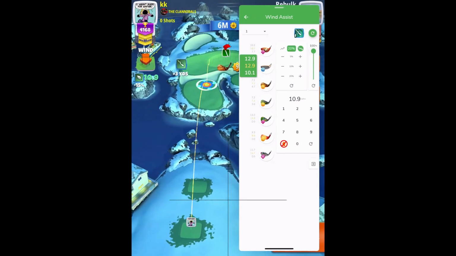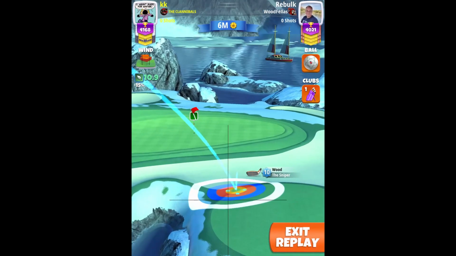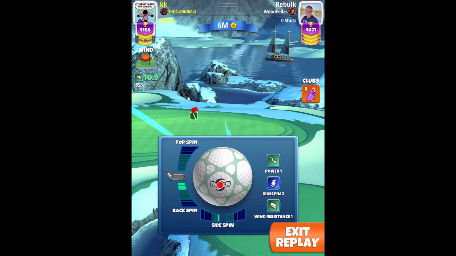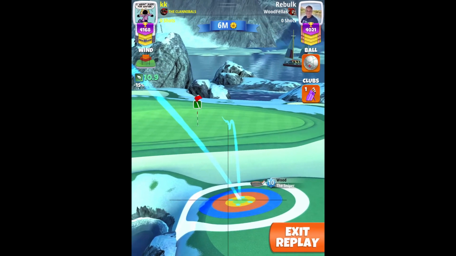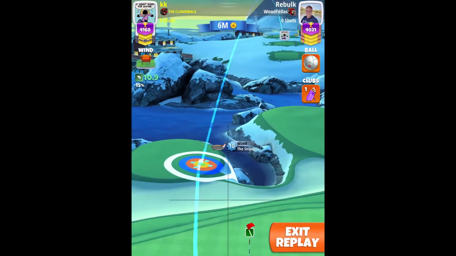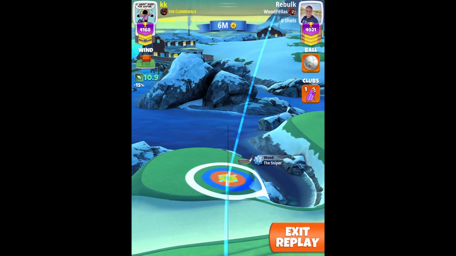This one is almost a straight headwind, but slightly left to right. Setting up in the same spot, and I'm doing about 4 backspin and 1 left spin. Plus 20% max.